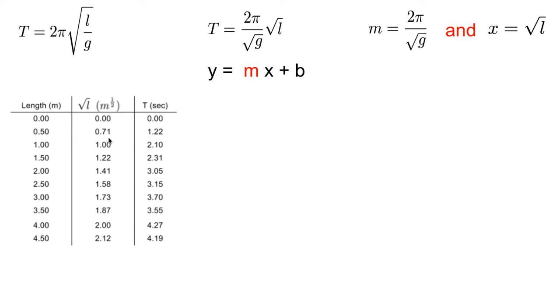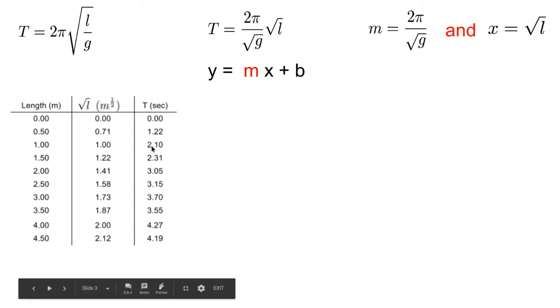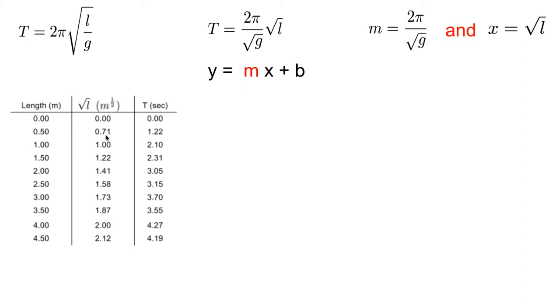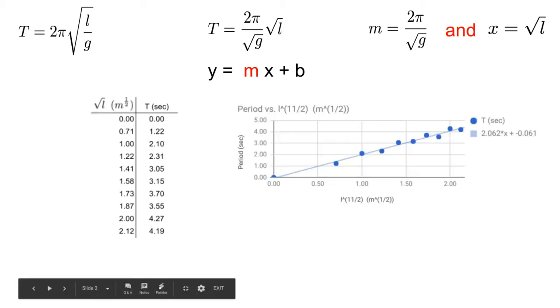Now, we cannot change y. Y remains the same. Regardless, the square root of 0.5 will still provide 0.71, okay, square rooted. So you're going to get a linear equation with a slope.